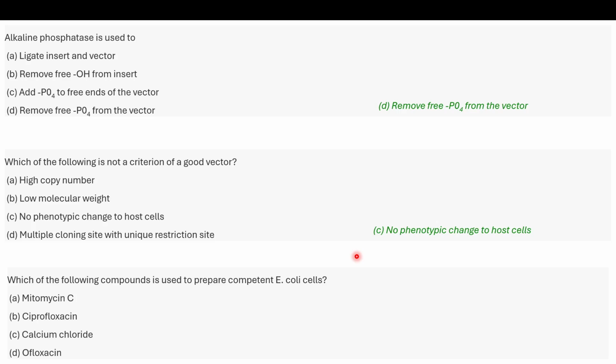So to select out the recombinants, to see whether all the vectors have taken up your gene of interest, to really differentiate between those two, we need certain vectors which will give us certain types of phenotypic changes. Okay. So what can be the different phenotypic changes? Just some examples.